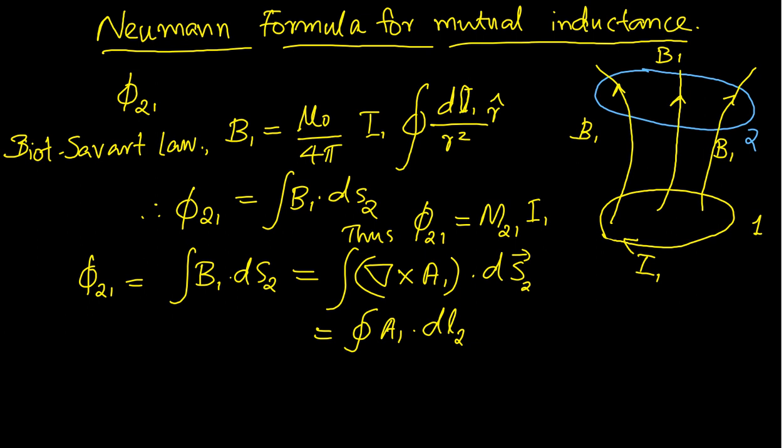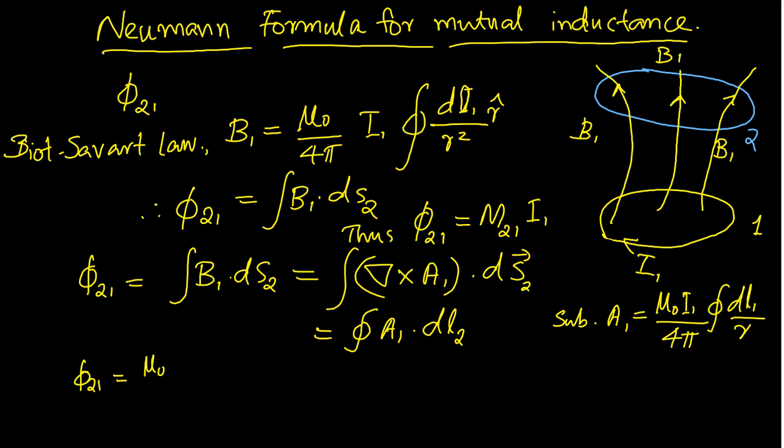And substituting A1 equal to mu 0 I1 divided by 4 pi into integral dl1 divided by r, phi21 is equal to mu 0 I1 divided by 4 pi.